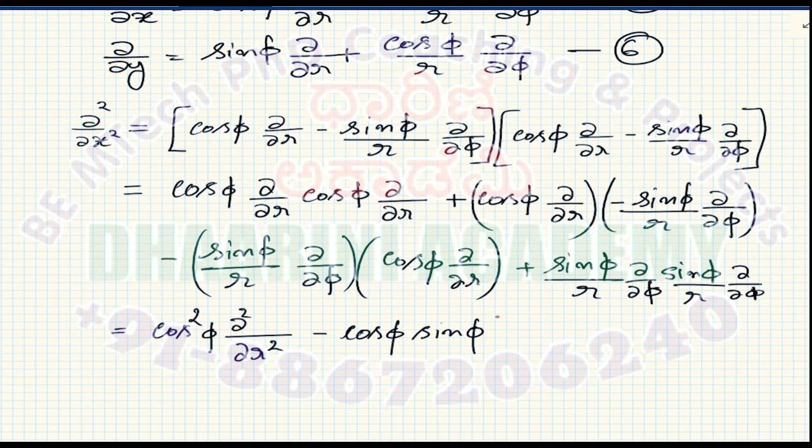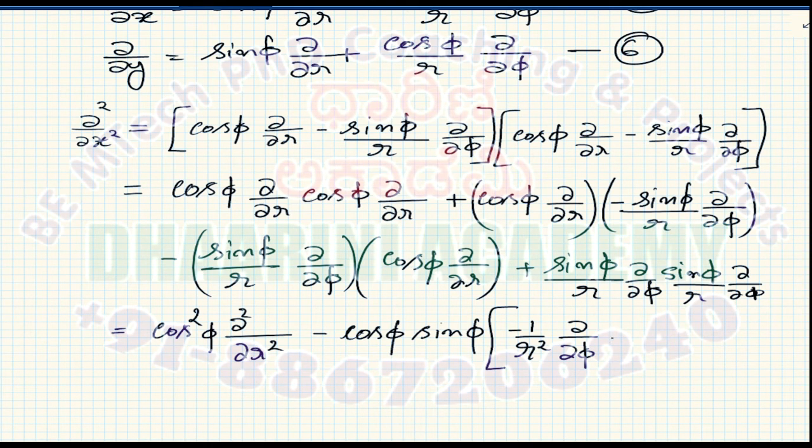I'll take a bracket because I have to write two terms now. One is v du, second term is u dv. When I write the v du, I understand that there is a 1 by r, whose differentiation is minus 1 by r square. Keep the second term as it is, that is just dou by dou phi. You don't have to apply the differentiation to the second term. So v du is over.